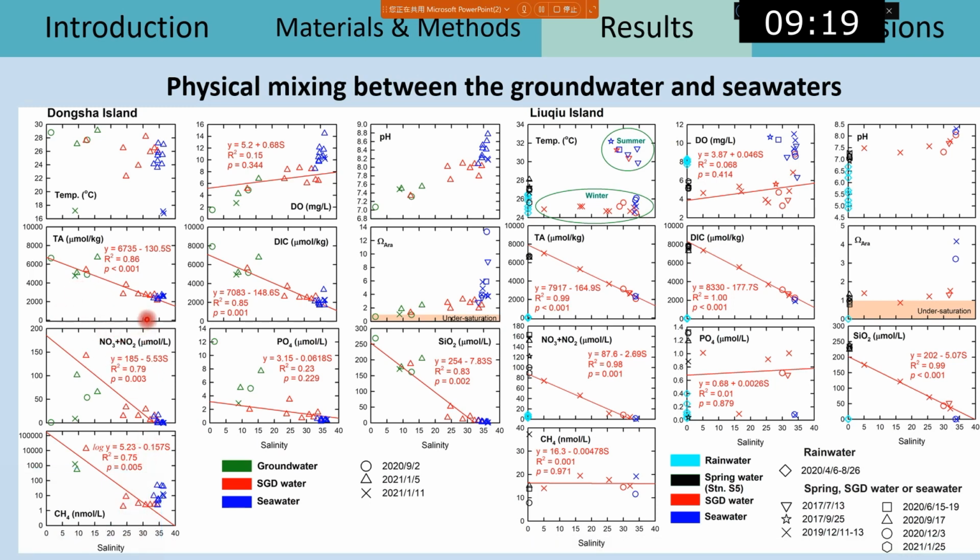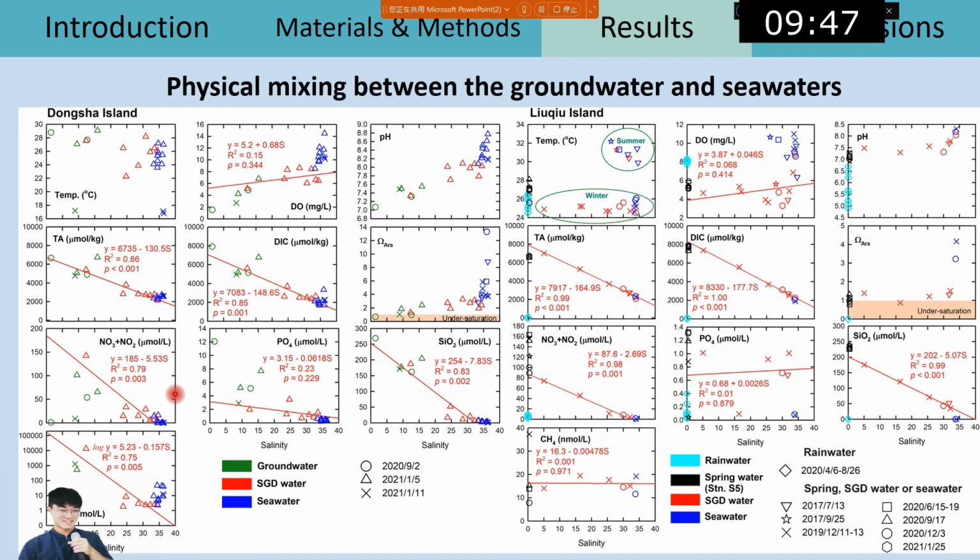When the salinity becomes high, the TA becomes lower, and DIC too. Let's see the nutrients here. When the salinity becomes higher, the nutrients become lower. So the seawater nutrient is lower than the groundwater.